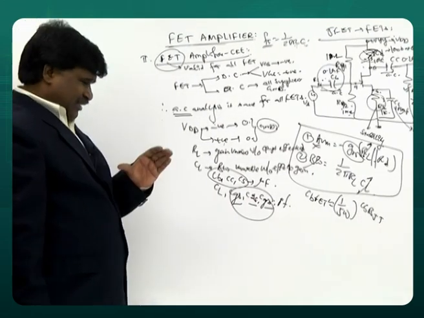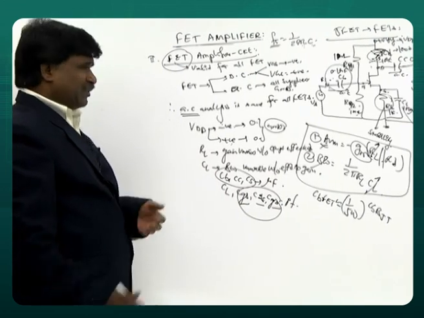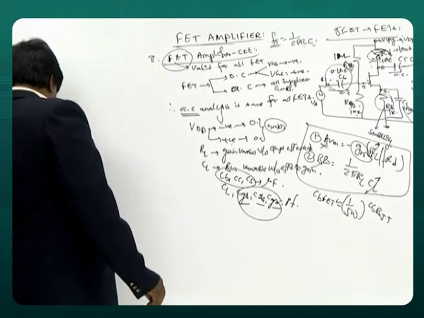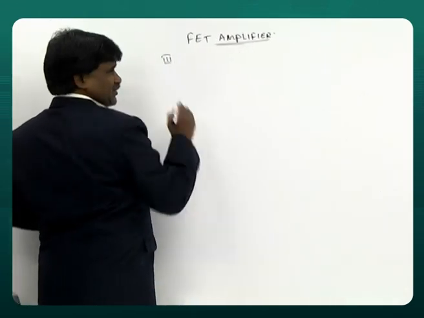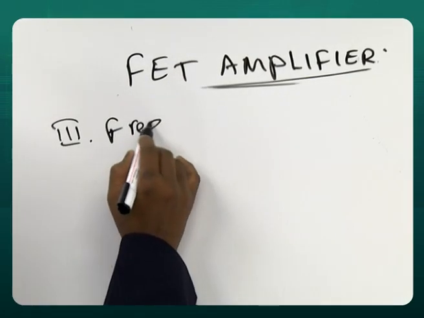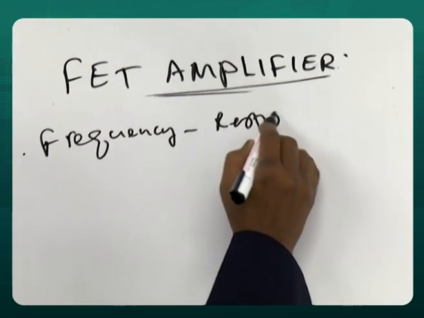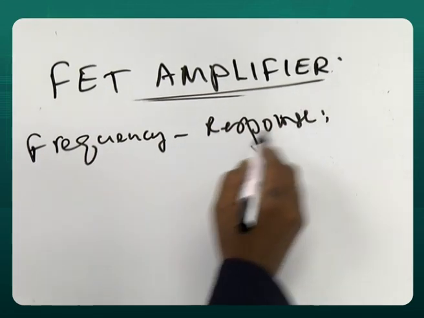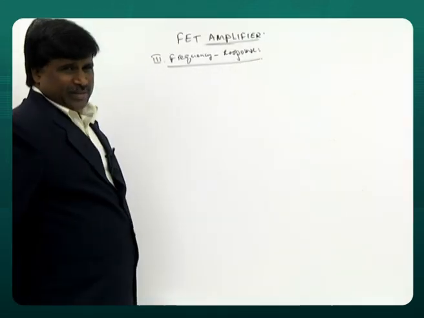So I have taken the biasing circuit, then converted that circuit into an amplifier. Then I need to talk about the response. The third topic of this is frequency response.